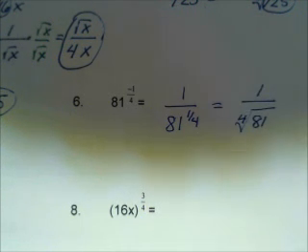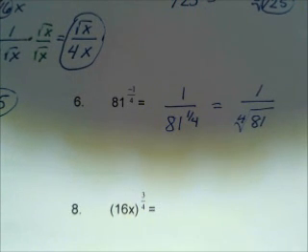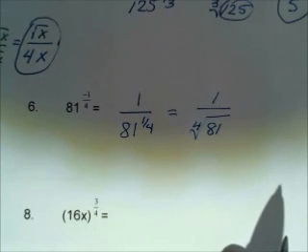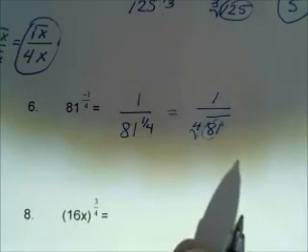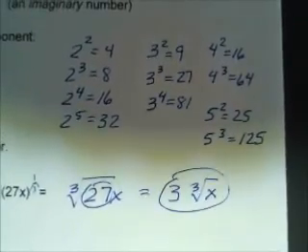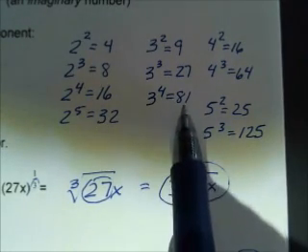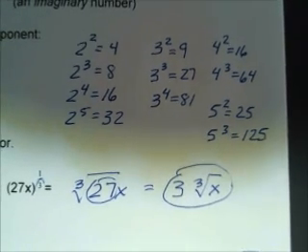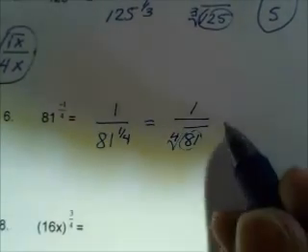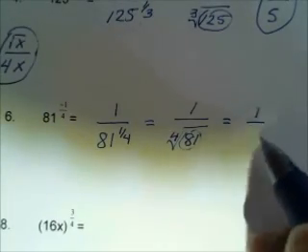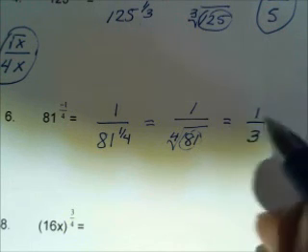So that's 1 over the 4th root of 81. And what is the 4th root of 81? That is perfect. If you need to, look up above. 3 to the 4th is 81, so the 4th root of 81 is 3. So that'd be 1 over 3.